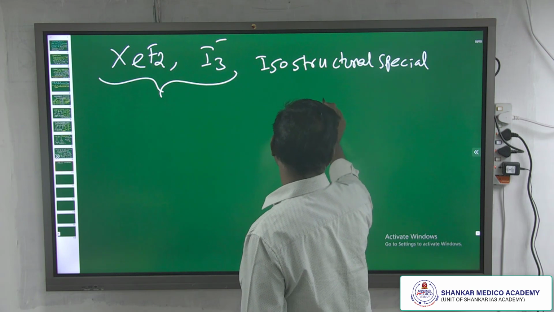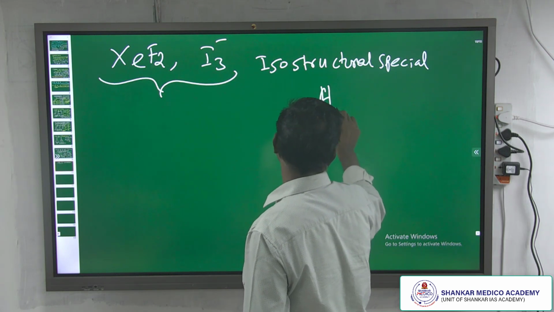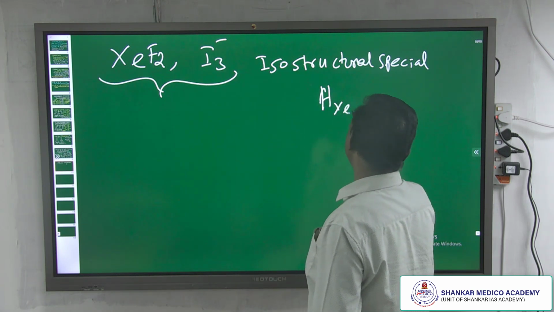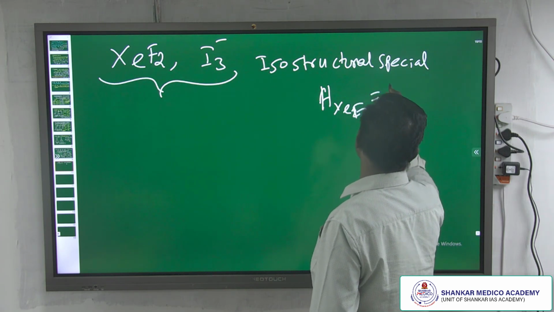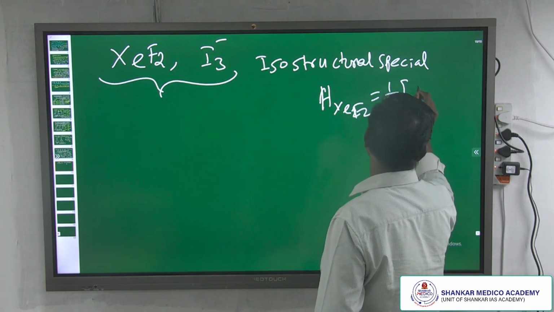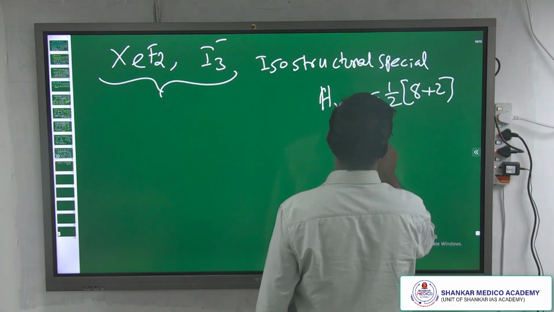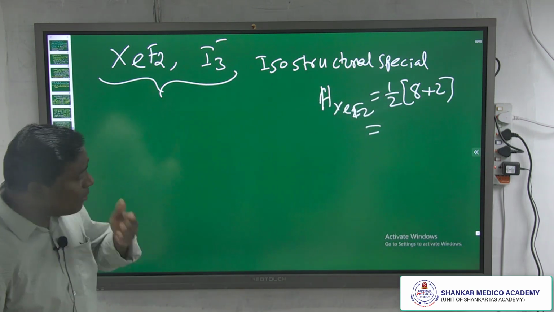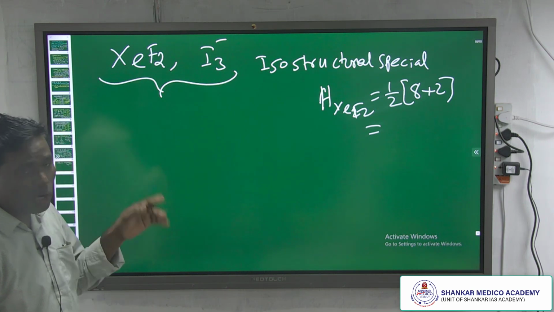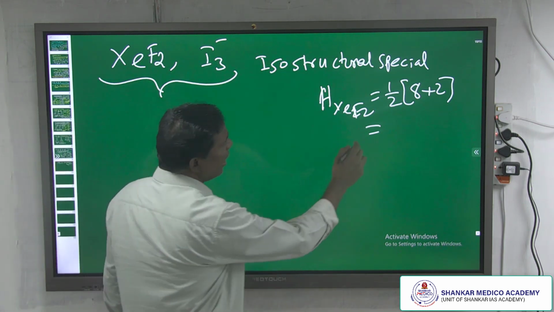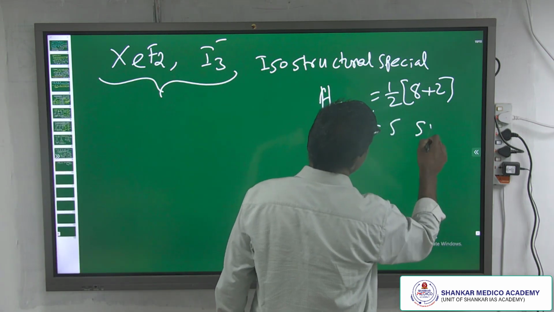So, hybridization for xenon difluoride: 8 plus 2, that is, a fluorine atom always makes only a single bond, it is a monovalent atom, 2, 1 by 2, 8, 10, 5, that is sp3d.